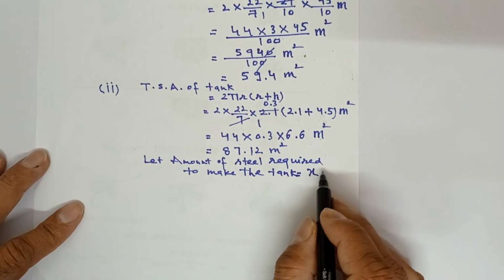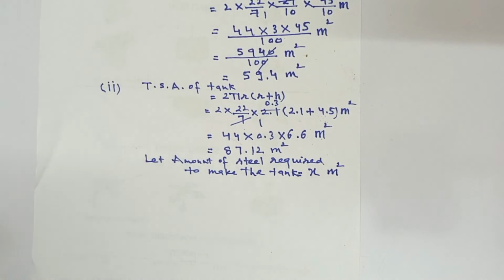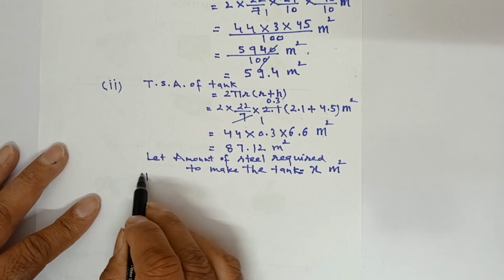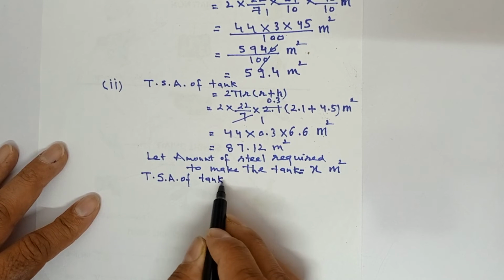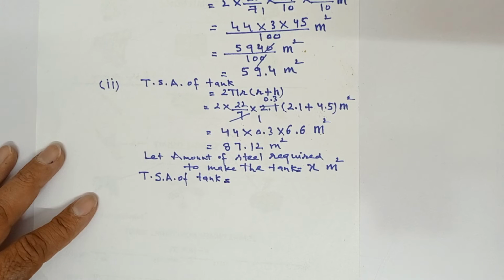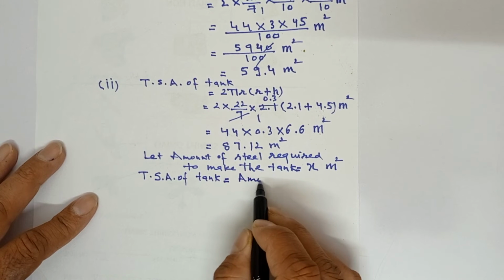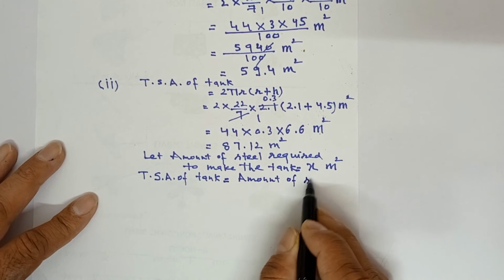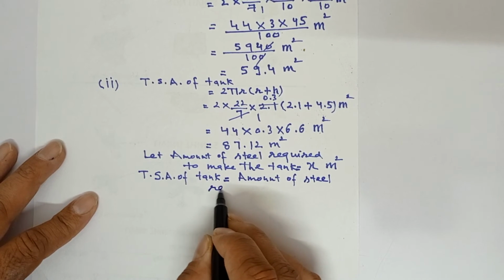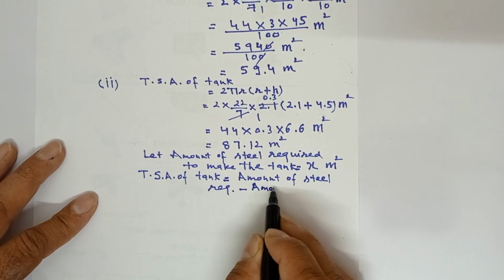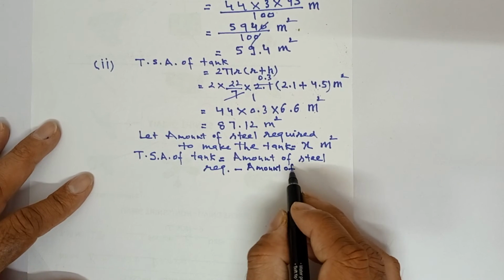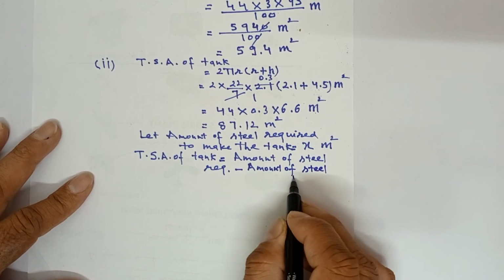This is the amount of steel. X meter square area means the amount of steel. So the amount of steel required minus the amount of steel wasted will be the total surface area of the tank. So I can write total surface area of the tank will be equal to the amount of steel required minus the amount of steel wasted.